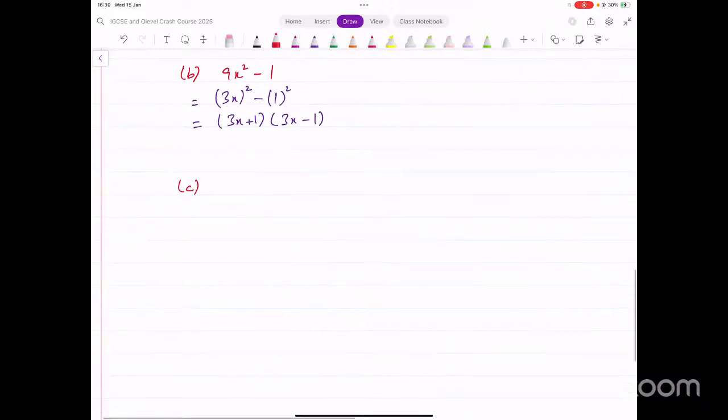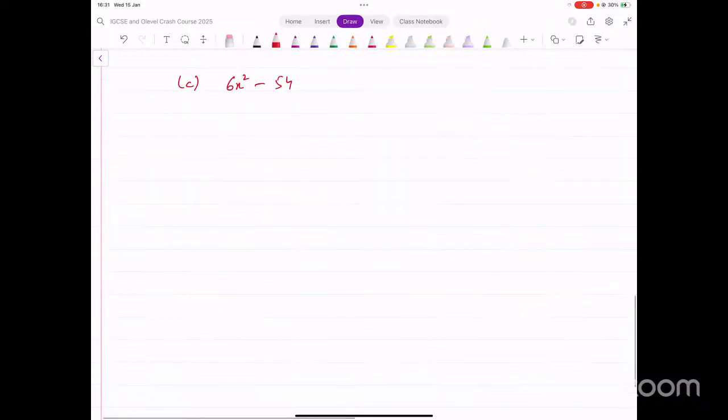Let me use some smaller numbers. Let's say you have 6x squared minus 54.